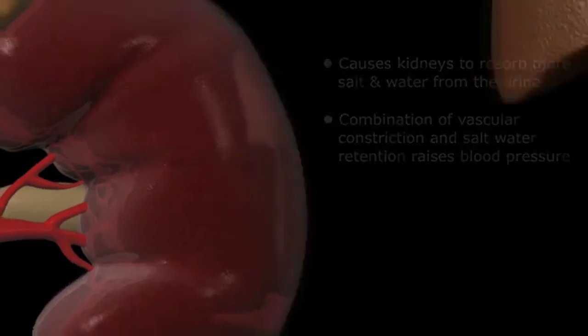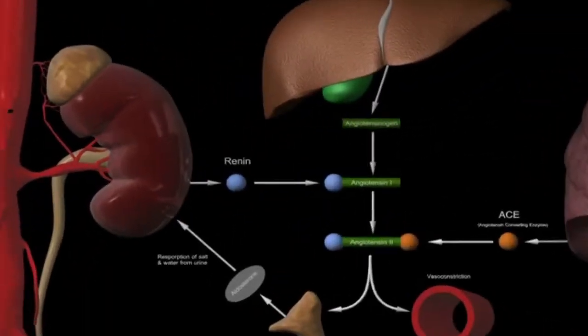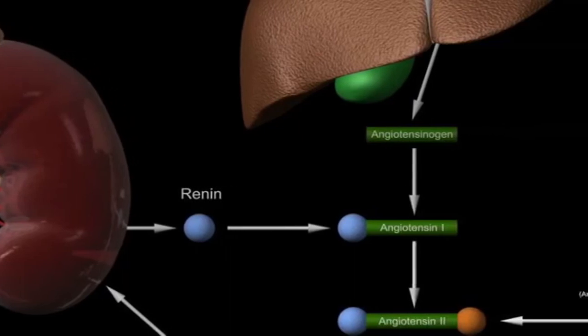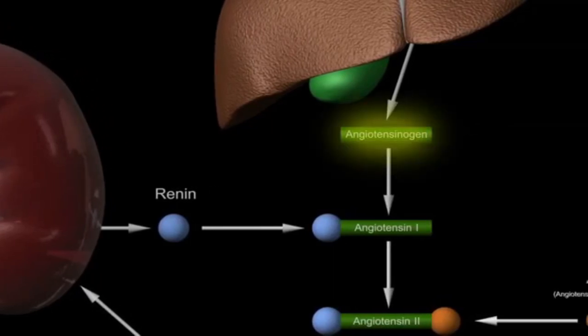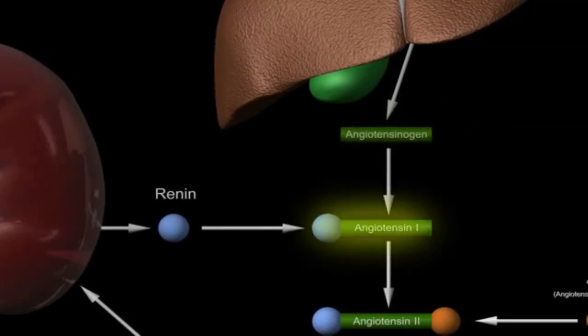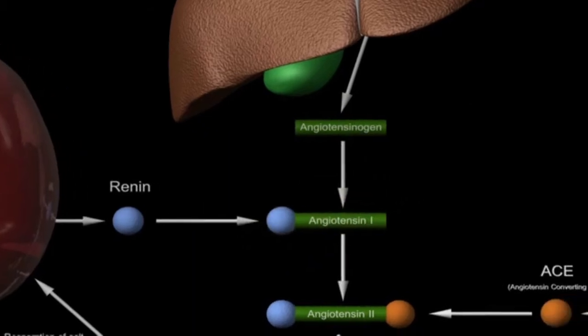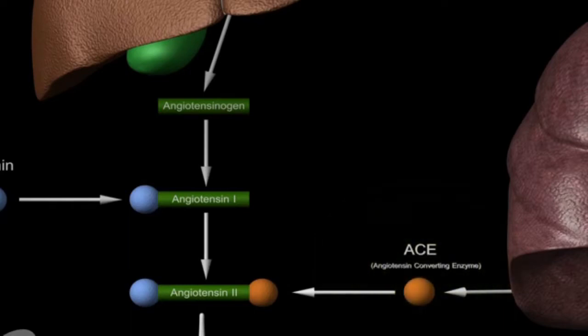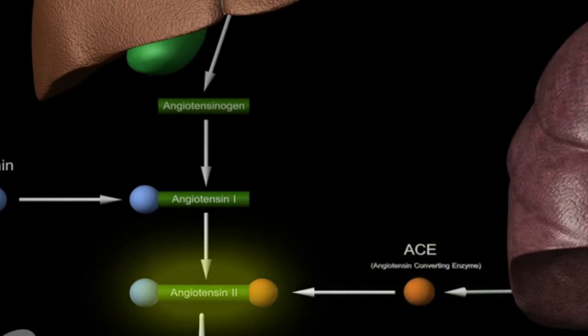kidney. So, just to summarize, decreased blood flow to the kidney causes the kidney to secrete the enzyme renin. Renin acts on a hormone precursor from the liver called angiotensinogen, converting it to angiotensin I. A second enzyme produced in the lungs, called ACE or angiotensin converting enzyme, acts on angiotensin I, converting it to angiotensin II, the active form of the hormone.